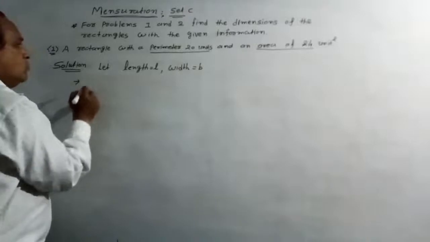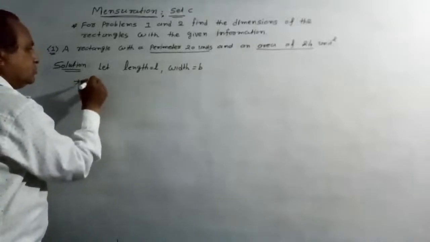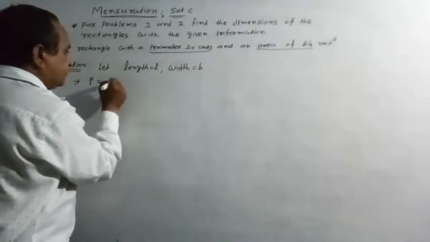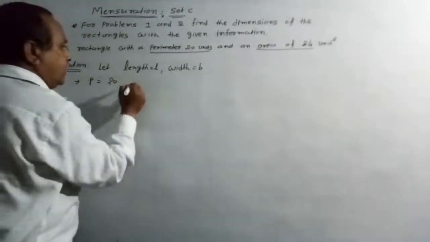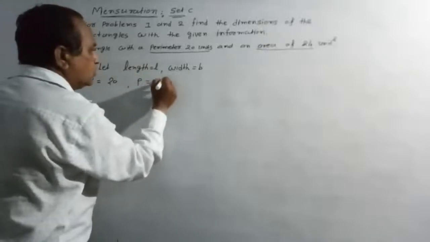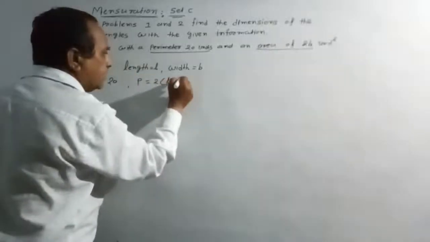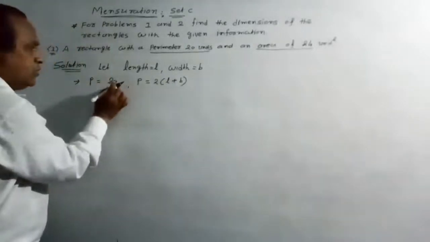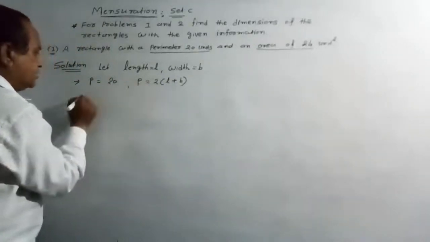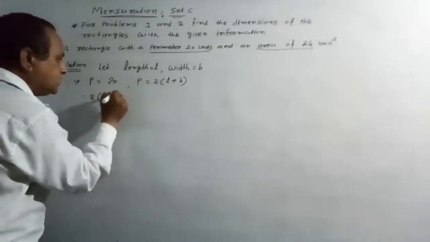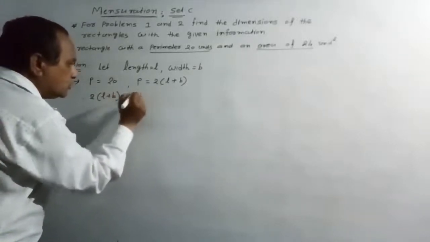Now perimeter P is given as 20 units, and the perimeter formula of a rectangle is 2 multiplied by (L plus B). So 2 times (L plus B) is equal to 20.